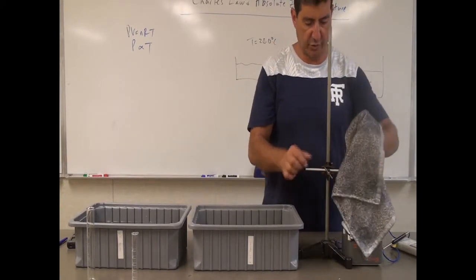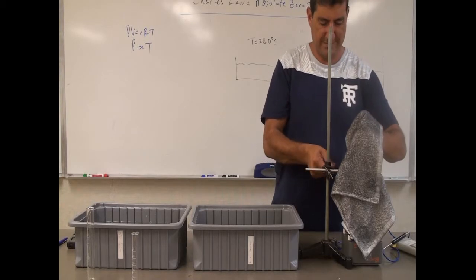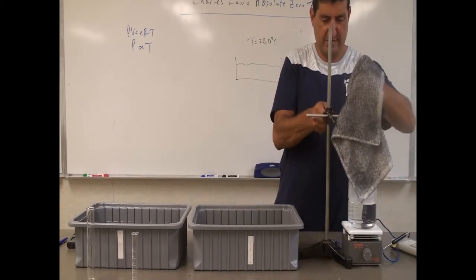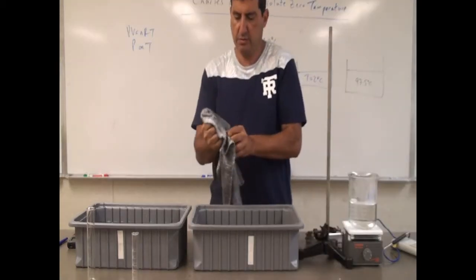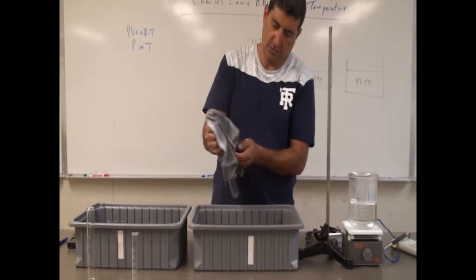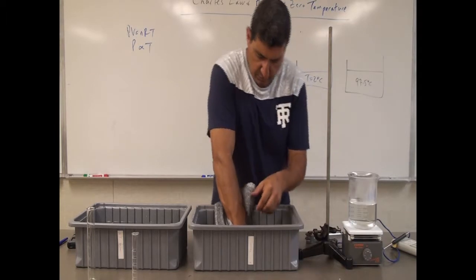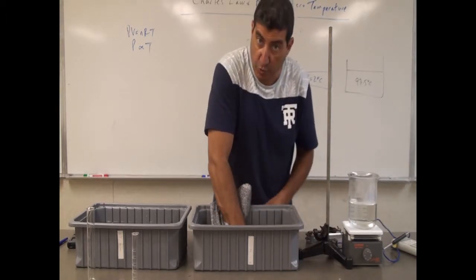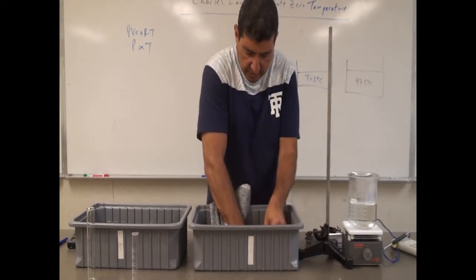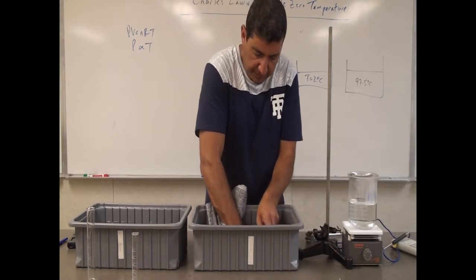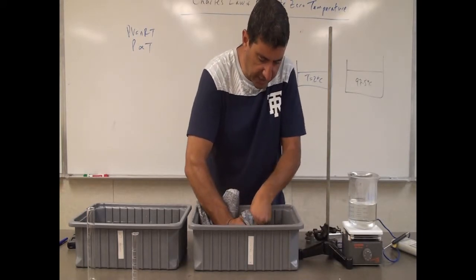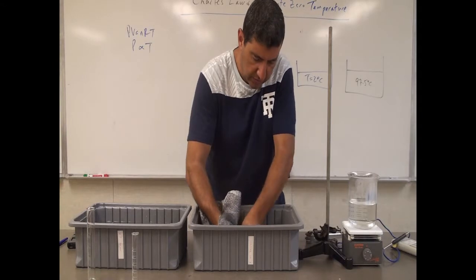You want to close the thumb right here. Put the test tube completely immersed in the water, right? Then let go of your thumb. A little bit of water will get inside of the test tube.